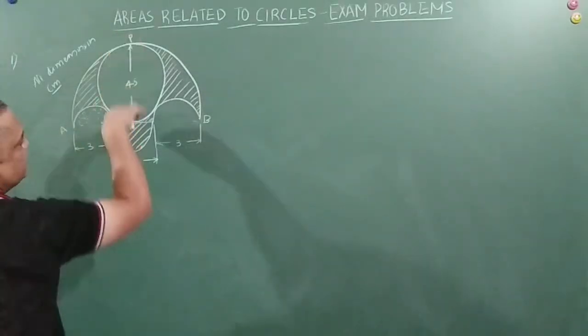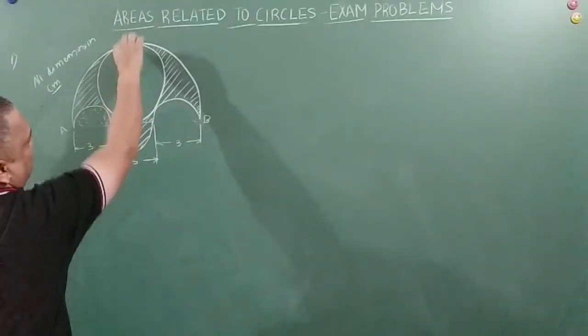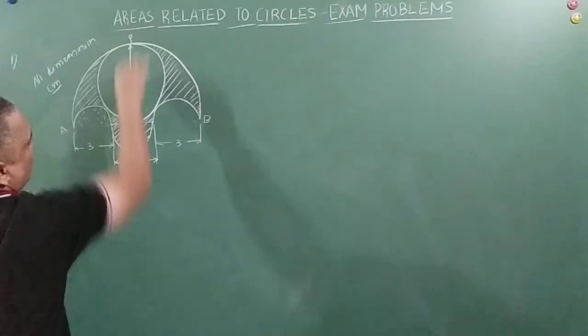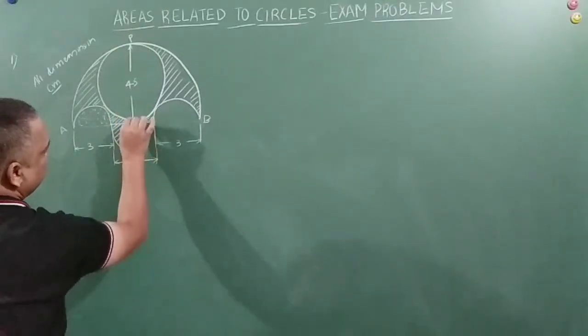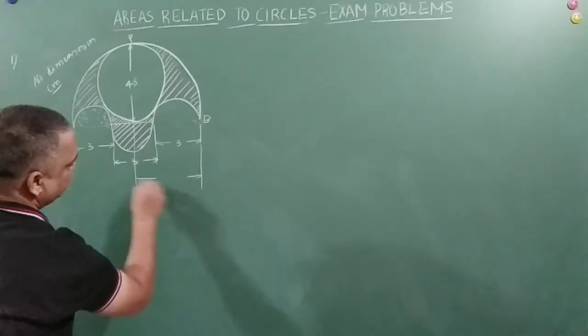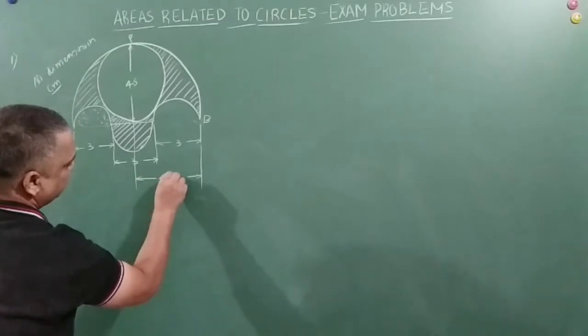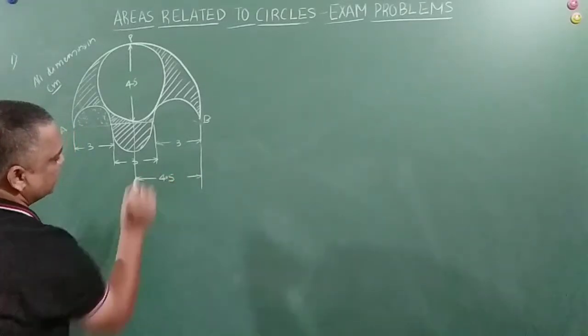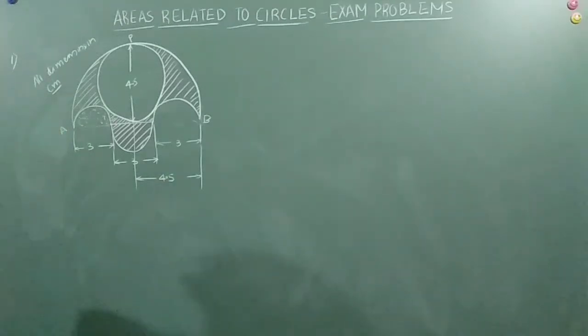So for this semicircle, this height is equal to 4.5. So definitely this will be 4.5. I don't think any confusion should be there in this, right?